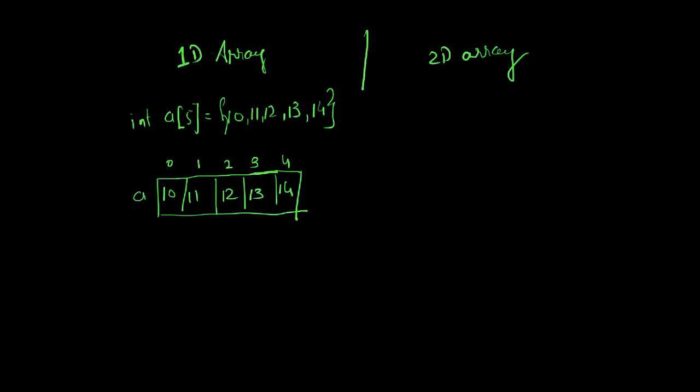The same two-dimensional array is represented in the form of rows and columns. So it will be a of 3 and 3. This says the number of rows in this two-dimensional array is 3 and the number of columns is also 3. So it has 3 rows and 3 columns. Now let us draw a structure with 3 rows and 3 columns.